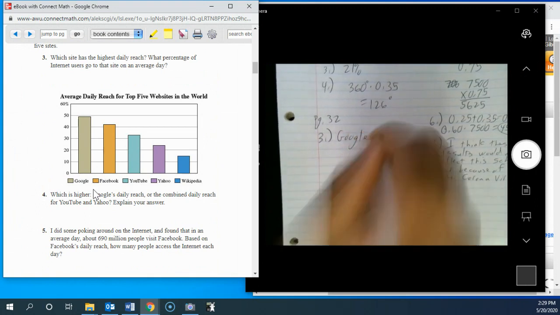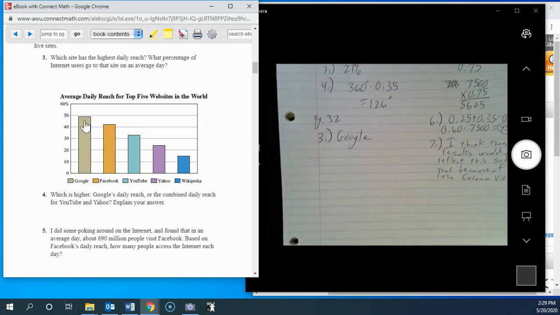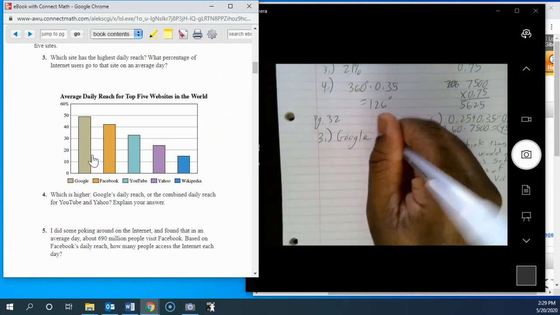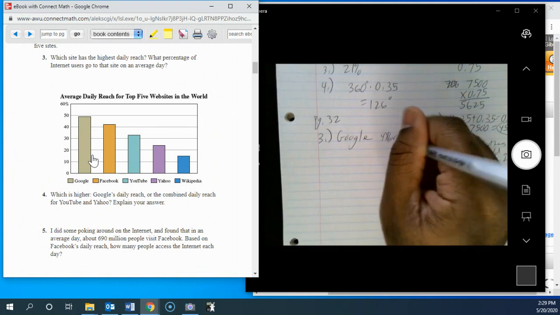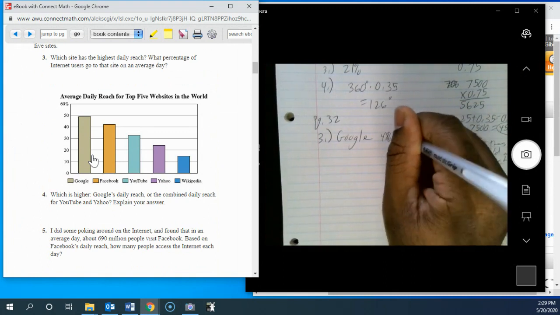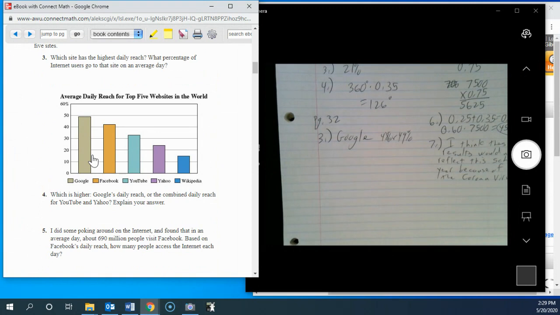We have Google, and it's not quite 50%, it's just under it. So we could either go 48% or 49%. Either one of those answers would have been acceptable. Now, I wouldn't expect you to write 48 or 49%. I'm just telling you the 2 answers that I would have accepted here. So you can either write 48% or you could write 49%.